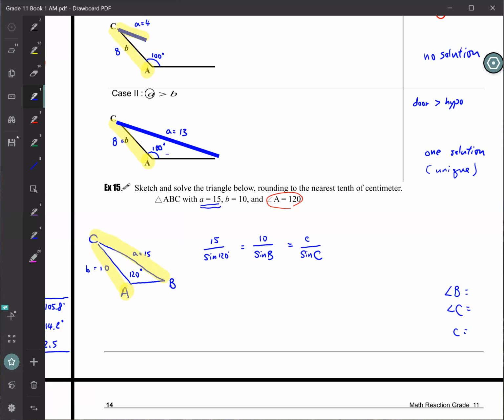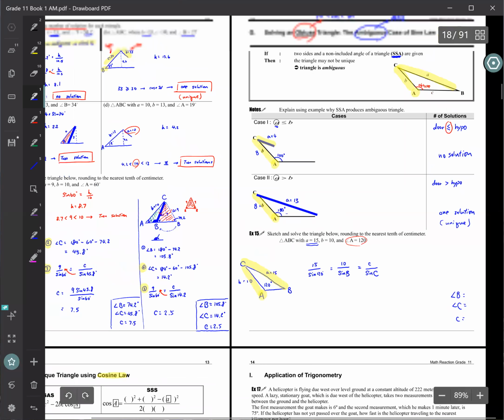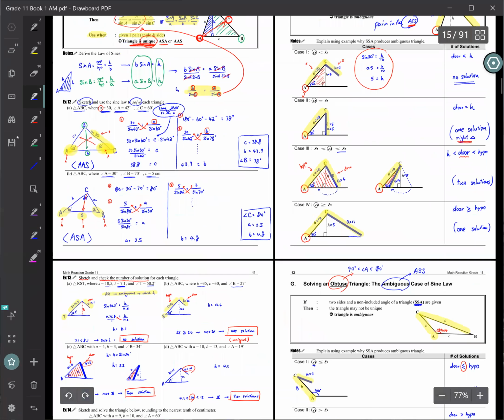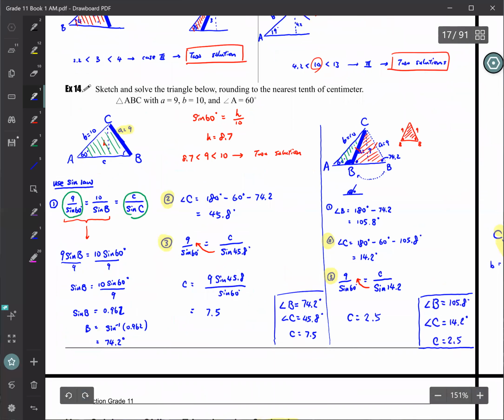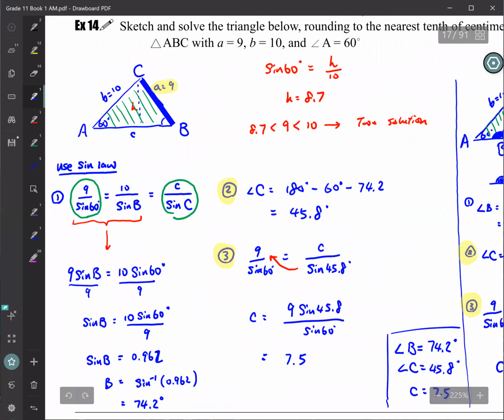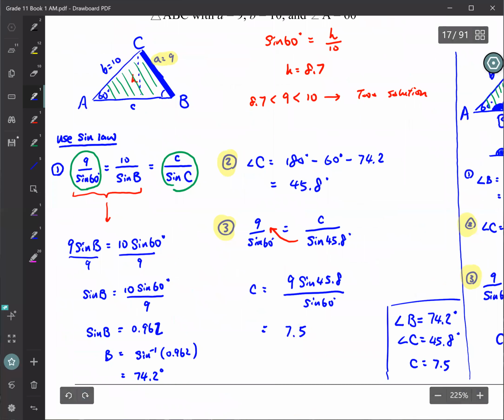Once you get here, now this part, you can look at how you did this one, the left side, because this is one solution. So you just focus on, look at question 14, the first triangle. You do the same thing. You got 3 pairs.